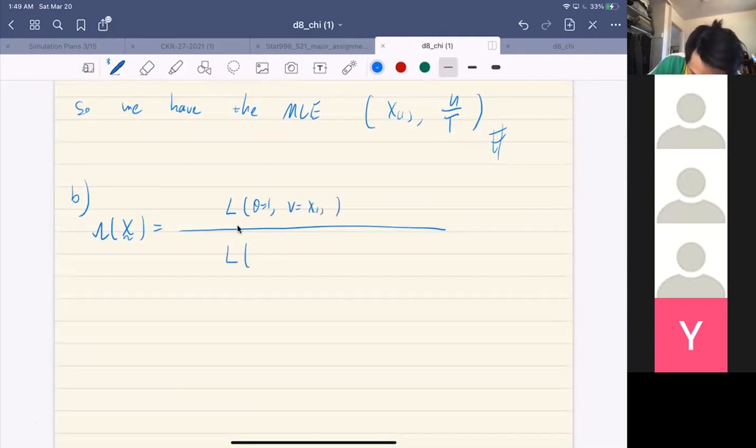And the denominator will be theta equal to theta hat, so n divided by t, and V equal to S1.